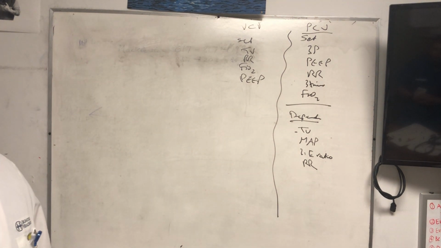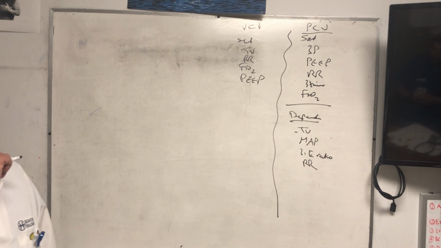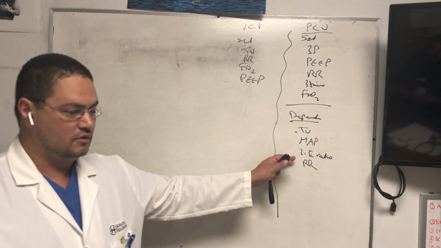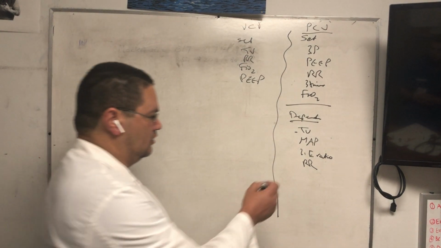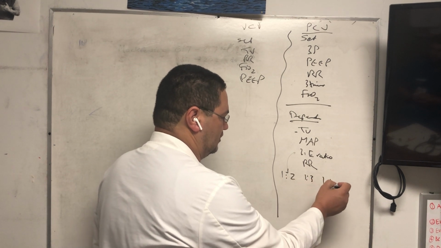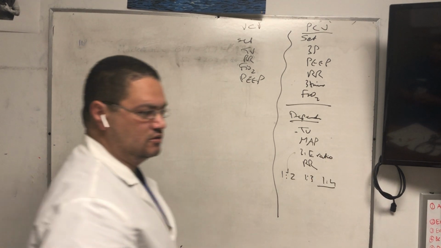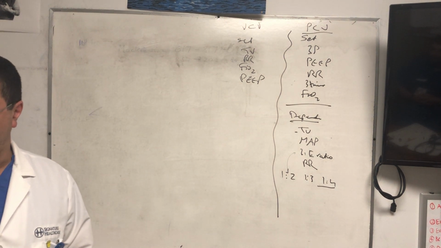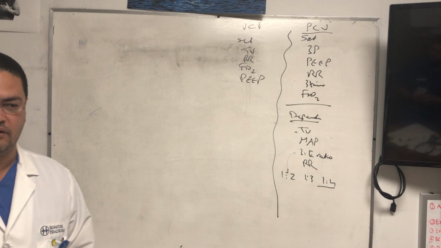Right, it's easy. Next is when people say pressure control requires more sedation than volume control. This is a fallacy. This is false. It all depends on the I to E ratio. If your I to E ratio is 1 to 2, 1 to 3, 1 to 4, anything like 1 to 5, all of these are physiologic, and you will be able to give the patient the same amount of sedation as volume control, no problem.